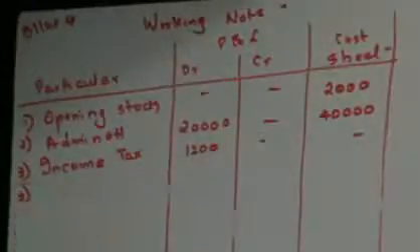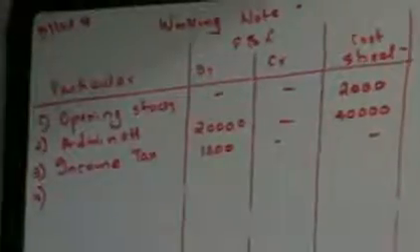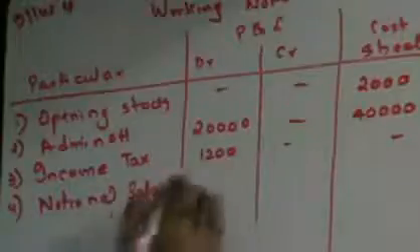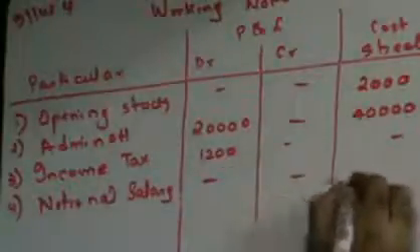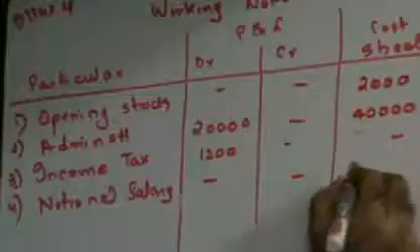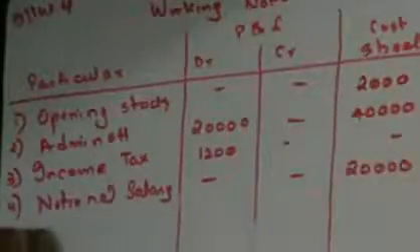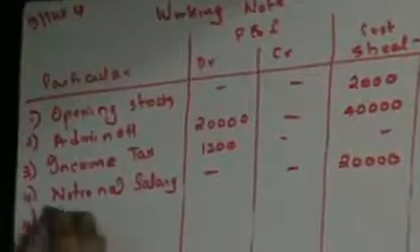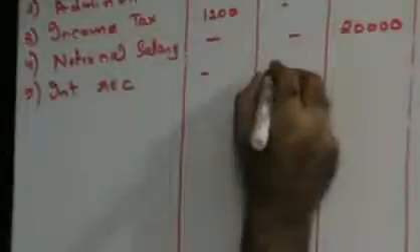Next, notional salary of the proprietor in cost. They have specifically said that it has been recorded in the cost book, therefore you record it in the costing account, 20,000. Next, interest received. When you receive interest, it is a P&L credit side entry, 12,000.